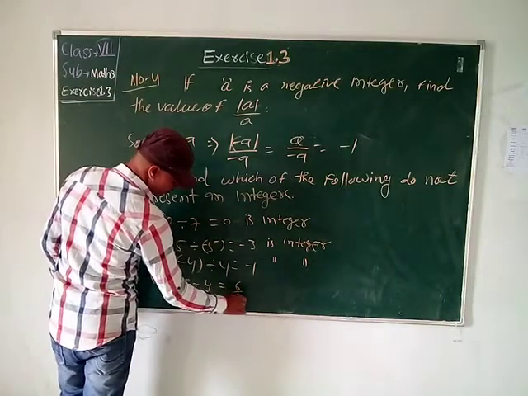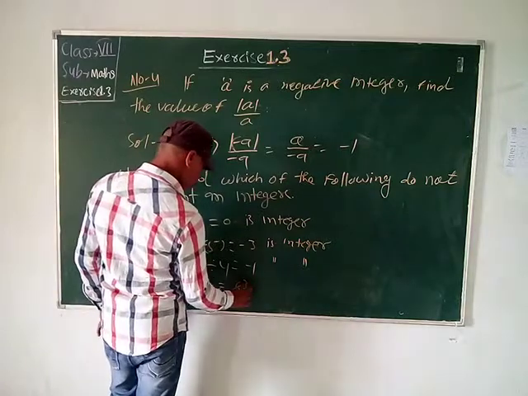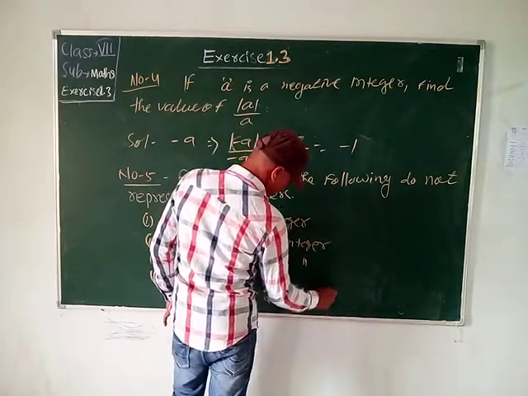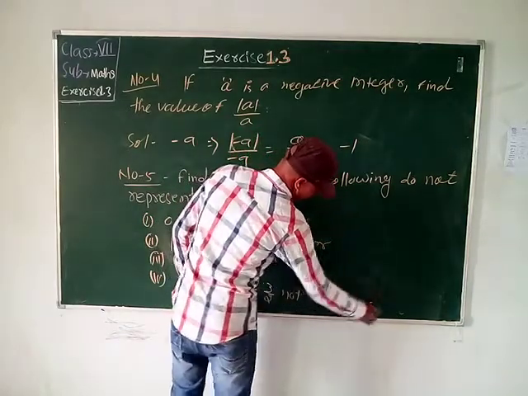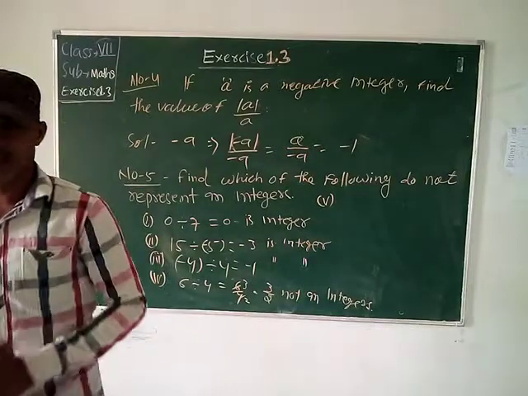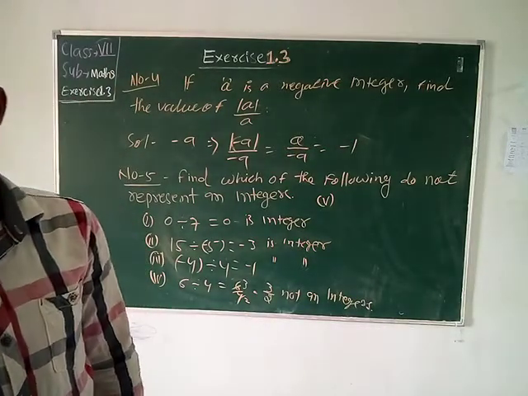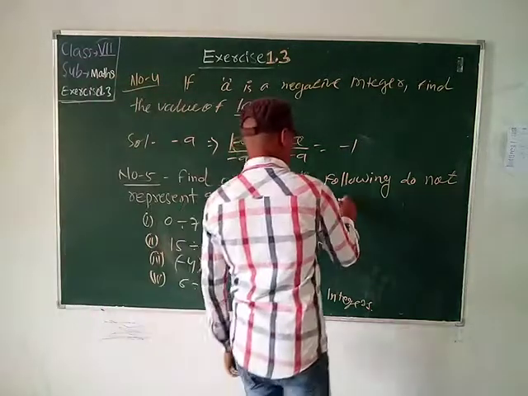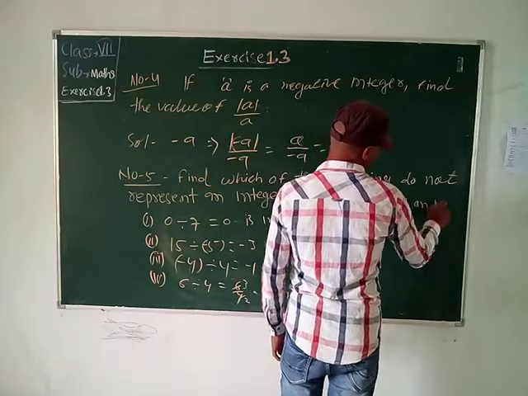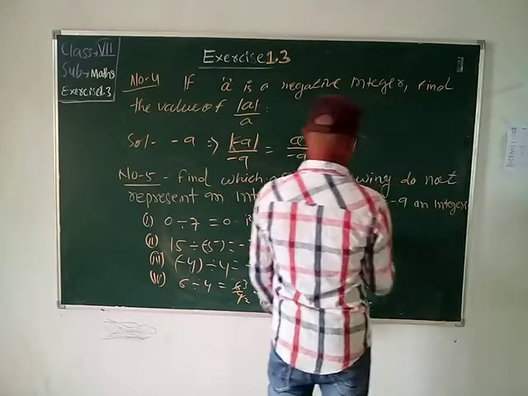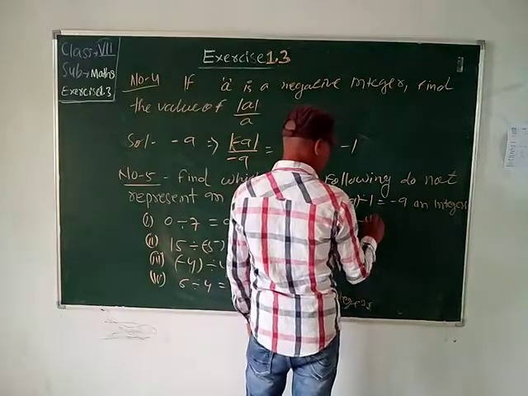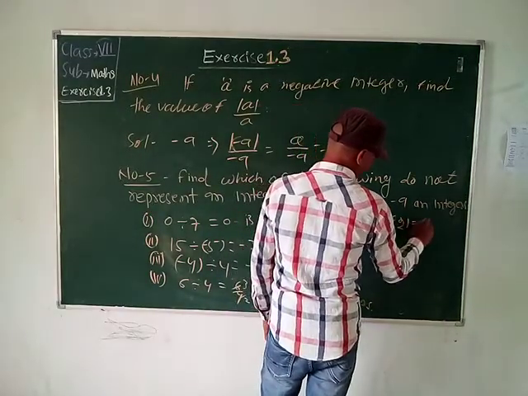That means 6 by 4 equal to 3 by 2, which is not an integer. Now the fifth bit is minus 9 divided by 1 equal to minus 9, an integer. Now the sixth bit is minus 4 divided by minus 2 equal to 2, an integer.